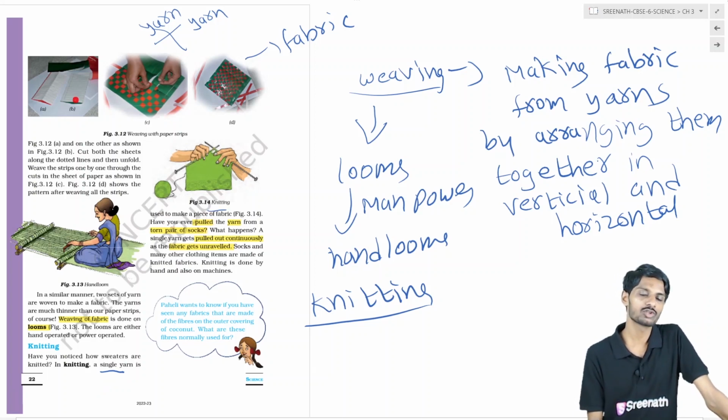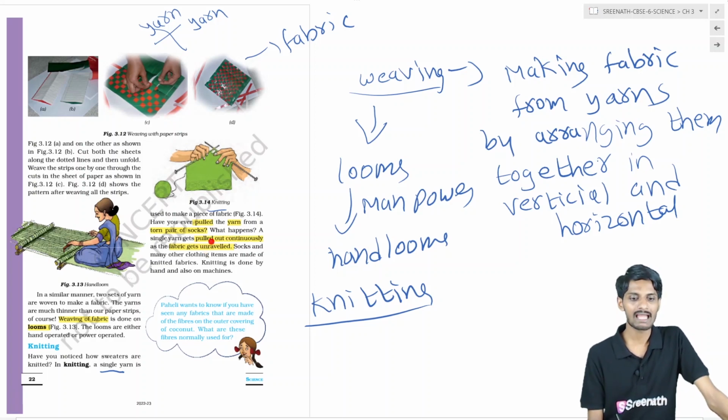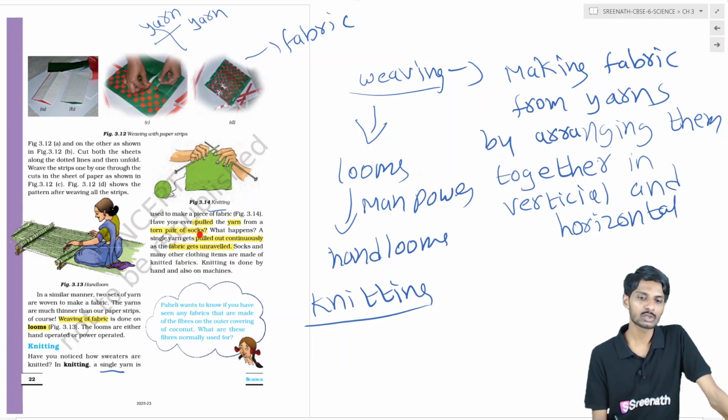Have you ever pulled the yarn from a torn pair of socks? When you try to remove one single yarn, the whole fiber continuously gets unraveled.